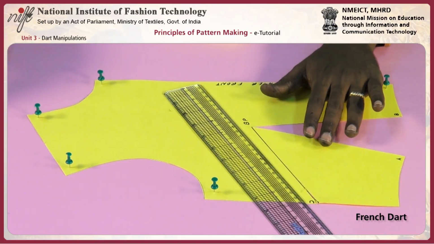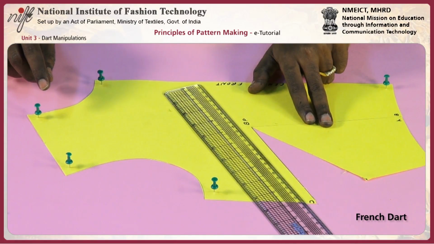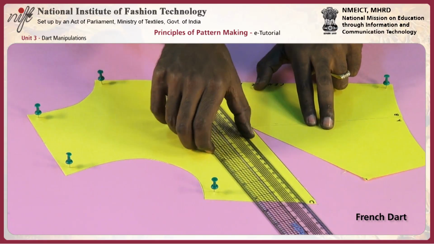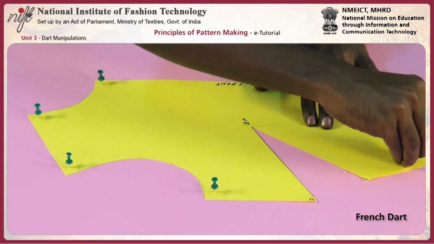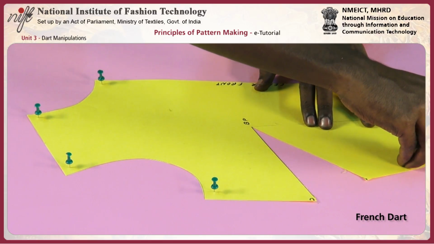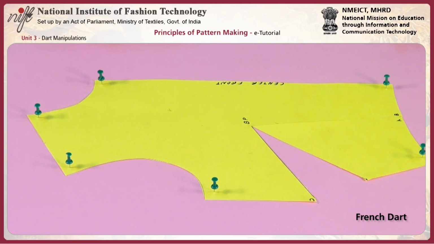Pivot at the bust point and close A to B. Then secure the pattern with pins. Trace the pattern.